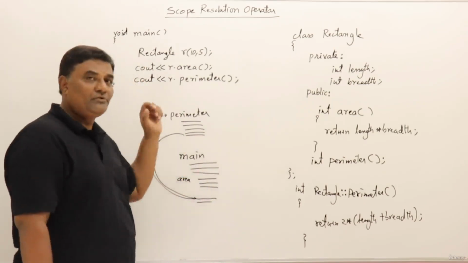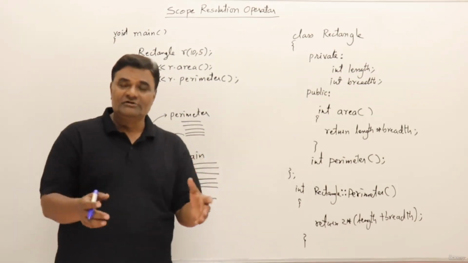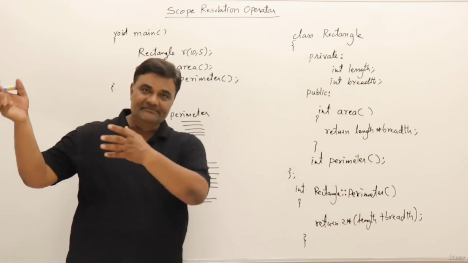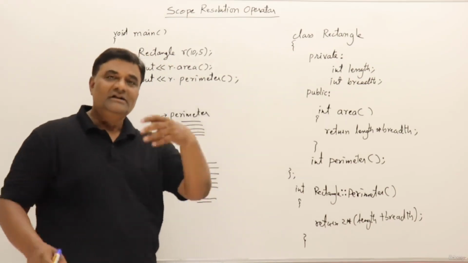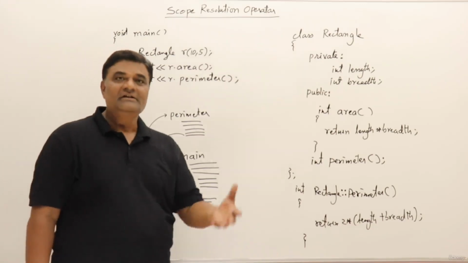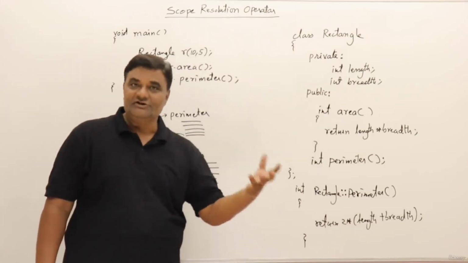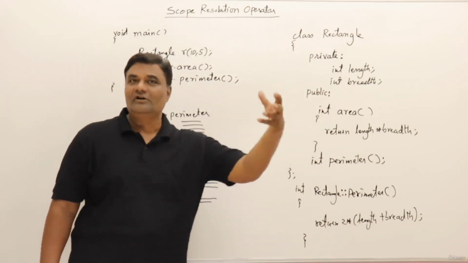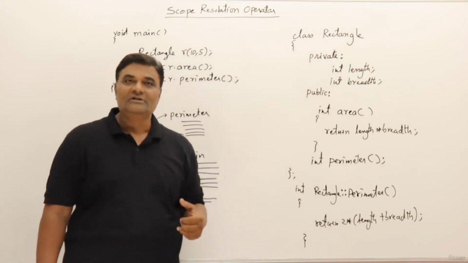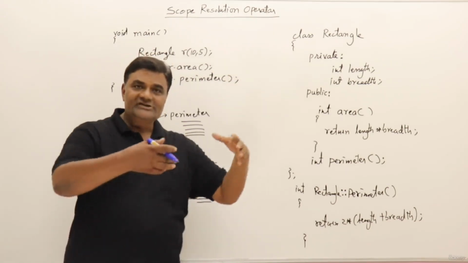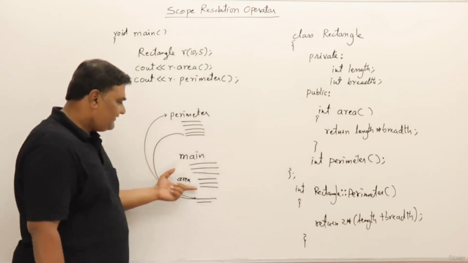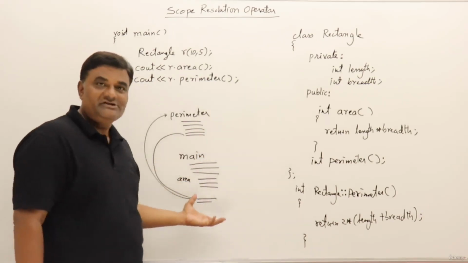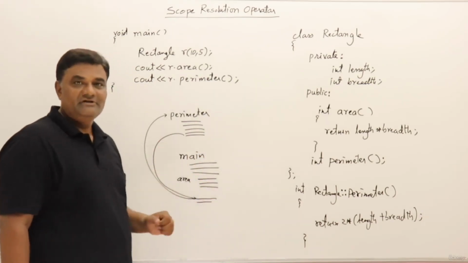Function means a separate piece of code must be there. Take the example of taking your clothes to a laundry and getting them washed. You have to go out of home and give them to a laundry, and he will wash and return your clothes. So this is like a function. You are going out, calling and getting the return value. But if you buy a washing machine, then the laundry itself is at home. So this area function is just like a washing machine, that is, laundry at home itself.